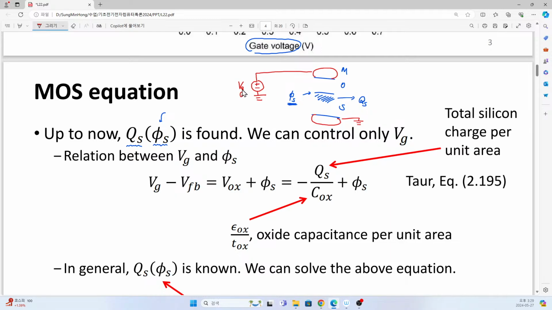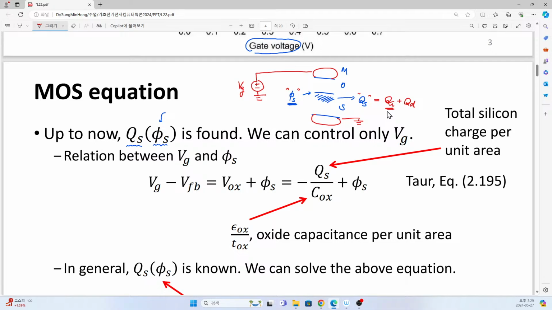So by changing this VG, we can again change this surface potential, and as a result we can control this silicon charge. This silicon charge of course contains inversion charge and depletion charge, and this inversion charge is used as our charge carriers.